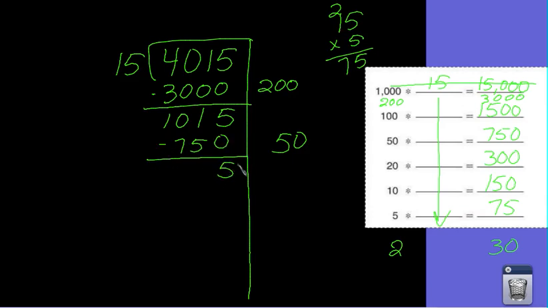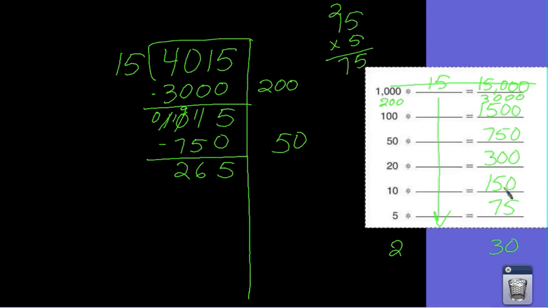I'm going fast because the kids are ready to come in. 11 minus 5 is 6. 9 minus 7 is 2. I have 265. This is too big, so I'm going to go to 150.